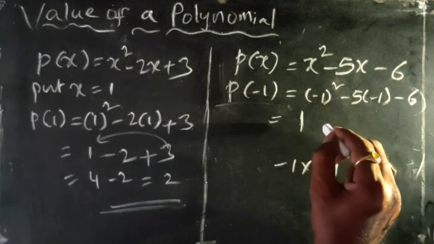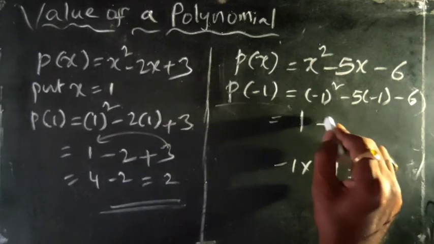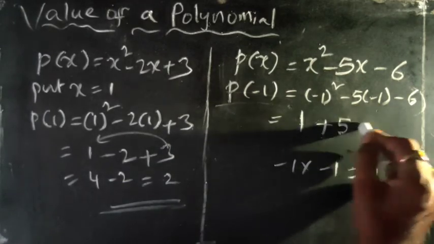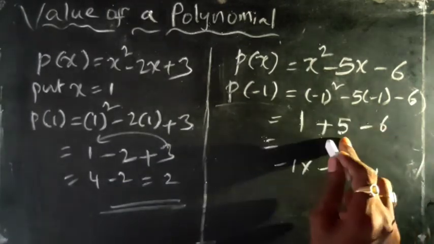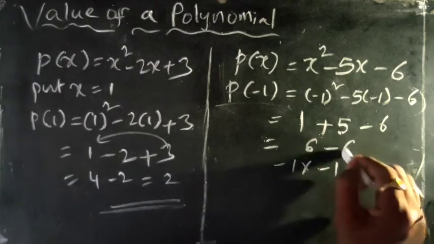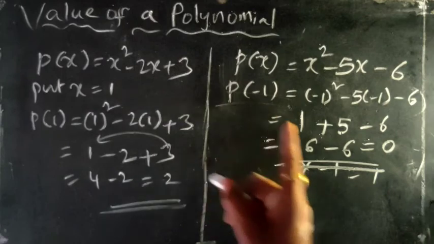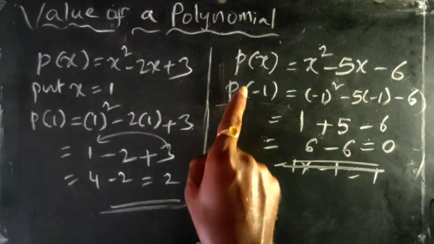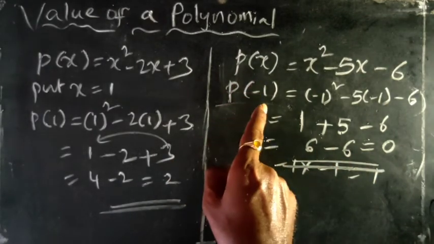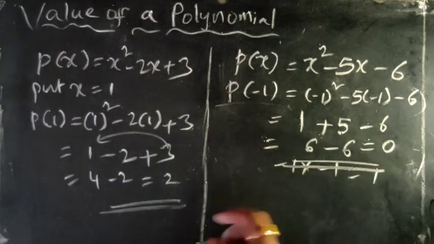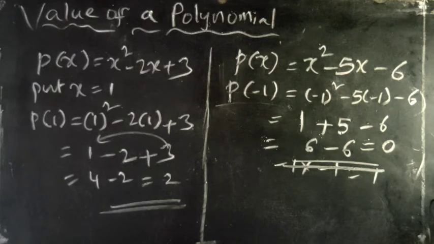Okay, plus 1, minus into minus is plus 5, 1 plus 5 is 6, minus 6. 6 minus 6 is equal to 0. So the p of minus 1 value is 0. That means the value of the polynomial p of x at x is equal to minus 1 is 0. So like this we can find the values of a given polynomial at a particular value of x.